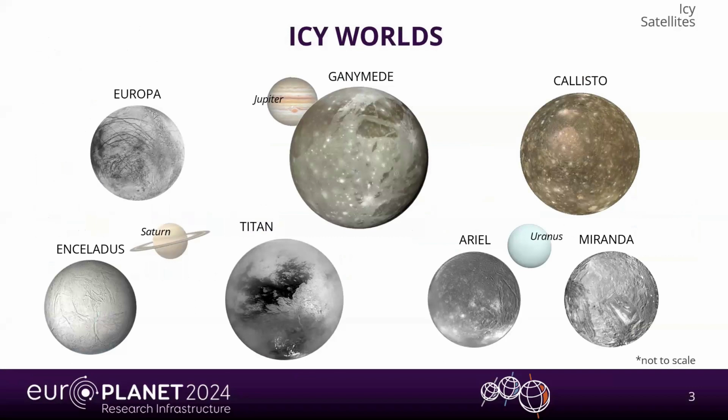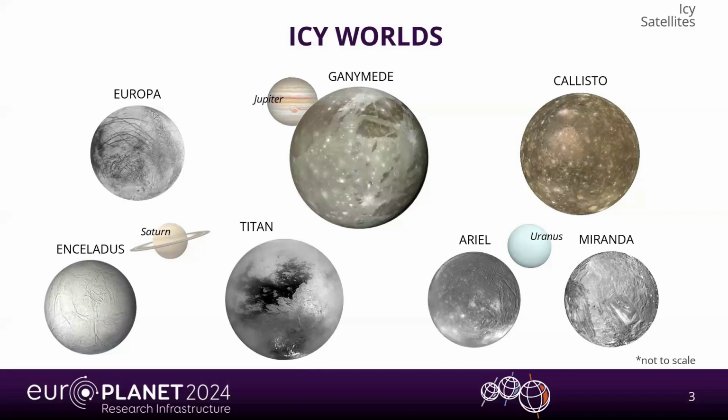From the Jovian system that includes the main three icy satellites, also called the Galilean satellites, thanks to Galileo Galilei that discovered them with his homemade telescope around 1610. And so the Galilean icy satellites of Jupiter are Europa, Ganymede, and Callisto.